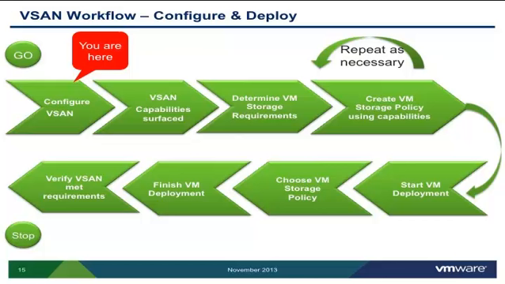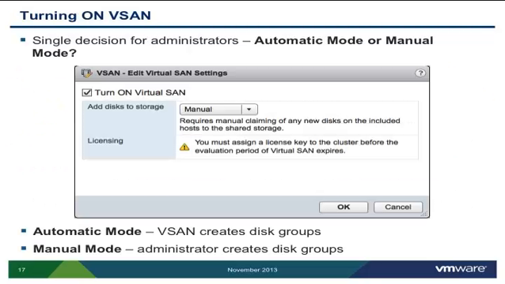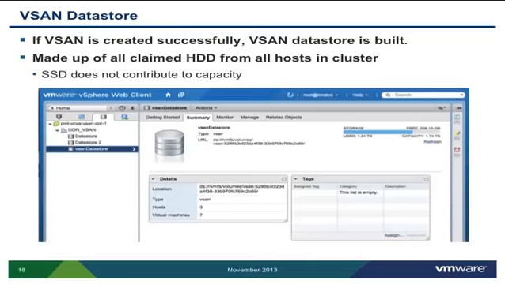Now, setting up VSAN is pretty straightforward, as we've seen already. The only decision you have to make: manual or automatic. So do I want VSAN to claim my disks, or do I want to build my containers myself? And we already saw this as well. It's just really a matter of manual or automatic turning on VSAN. So what you end up with at the end of the day is this VSAN data store.